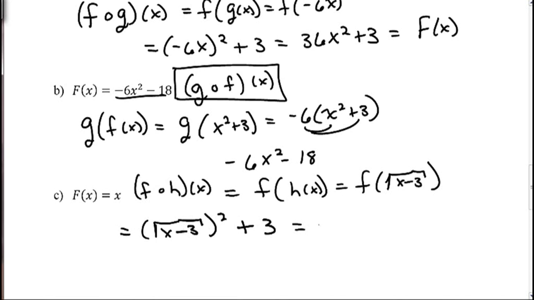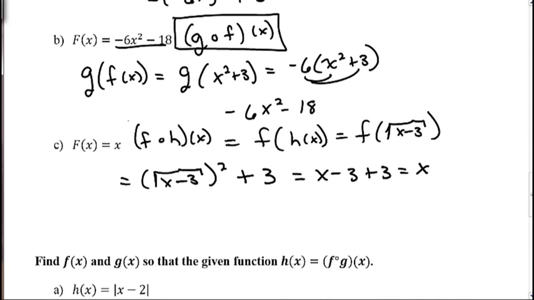So when you square a square root, you just get what's underneath the square root, so x minus 3, and then plus 3, and we do in fact get x. So f of h works. You might also want to check h of f just on your own, and see if you come up with the same thing.